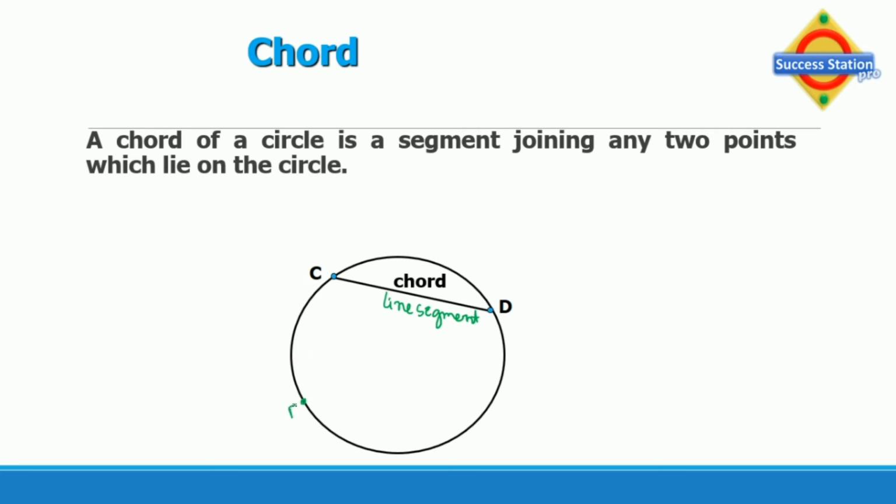Let this be E, let this be F, right? Join both of them. What will we get? We'll get a chord. But the only condition that is required is that it should be a segment, and both the points should lie on the circle, should not lie anywhere else. They should lie on the circle, right? So this is what a chord is.